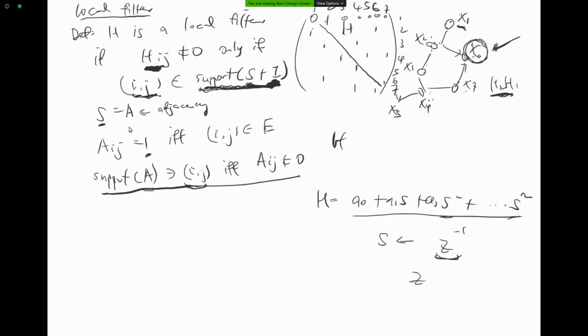Okay, let's look at the earliest approach to distributed graph filters. Let's consider any filter H here, and as I said, we want to implement that H in a distributed manner. As I mentioned earlier, one possibility is to decompose it as a cascade of local filters, but that may not be that easy.